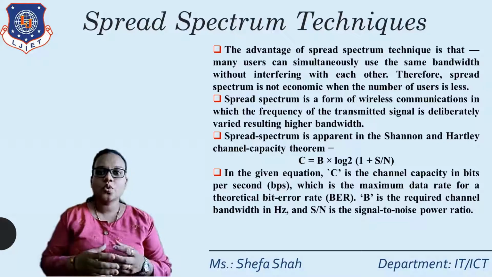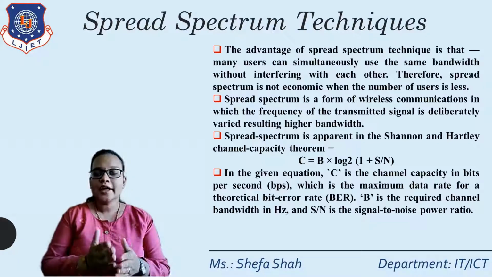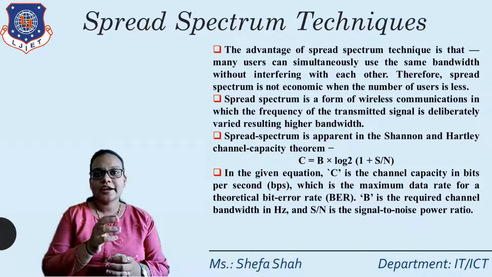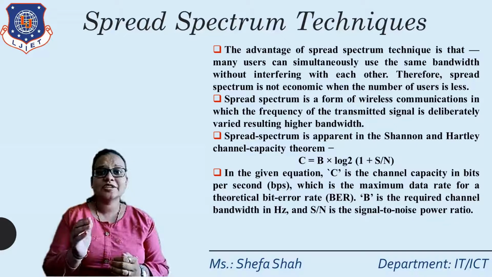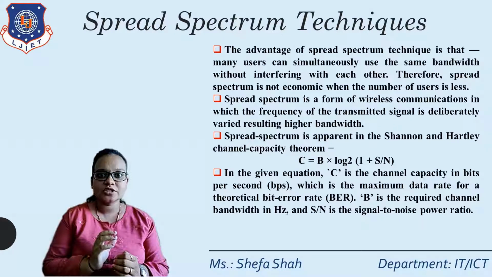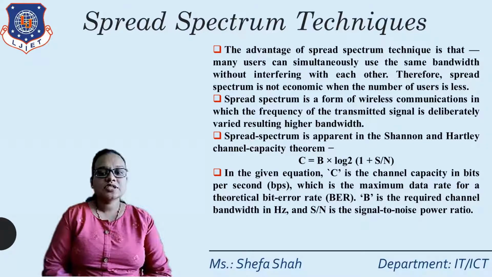That means the codes are orthogonal to each other. That means there is no relation between the codes, and the code is connected with the PN sequence, and this code is transmitted with the help of the PN sequence without interfering with each other over the whole frequency band. Therefore, spread spectrum is not economic when the number of users is less.